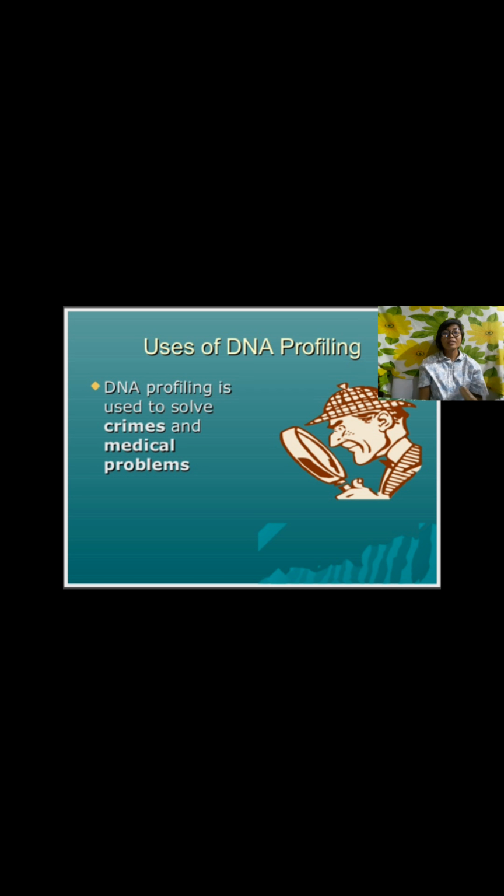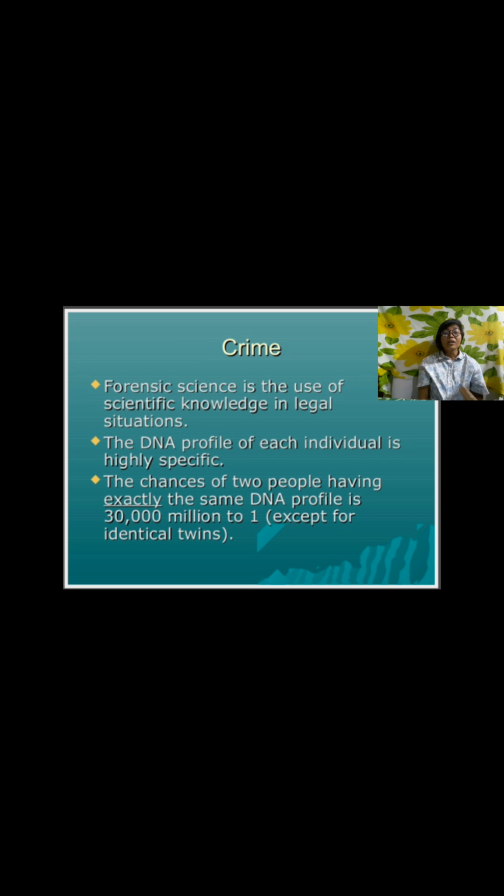So these are the uses of DNA profiling. DNA profiling is used to solve crimes and medical problems. In crime, forensic science is the use of scientific knowledge in legal situations. The DNA profile of each individual is highly specific.